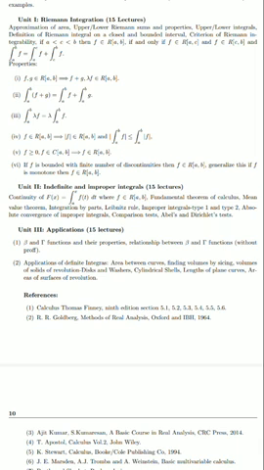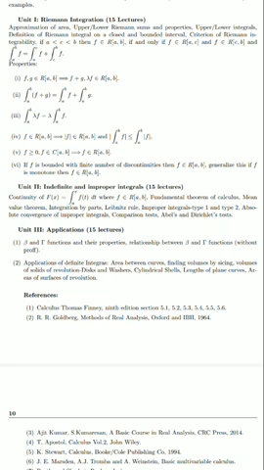Now unit number 3 is applications: beta and gamma functions and their properties, relationship between beta and gamma function, and this is without proof.